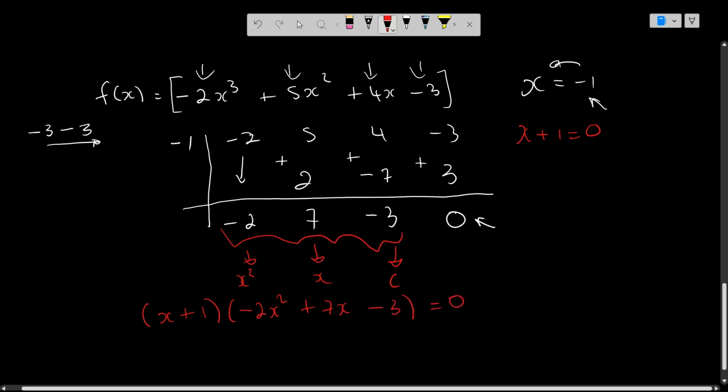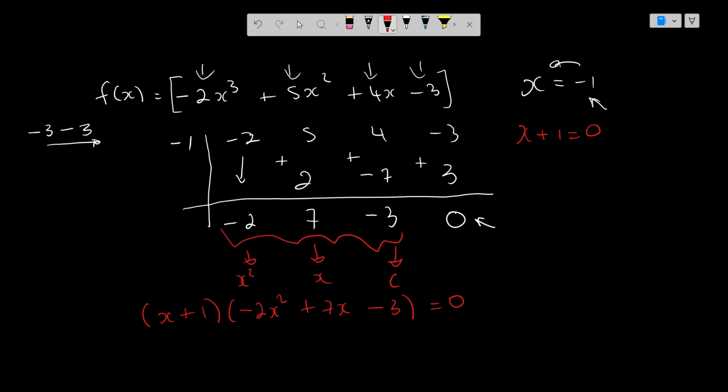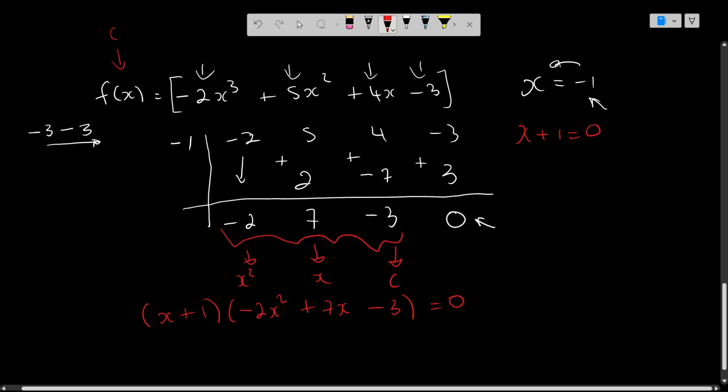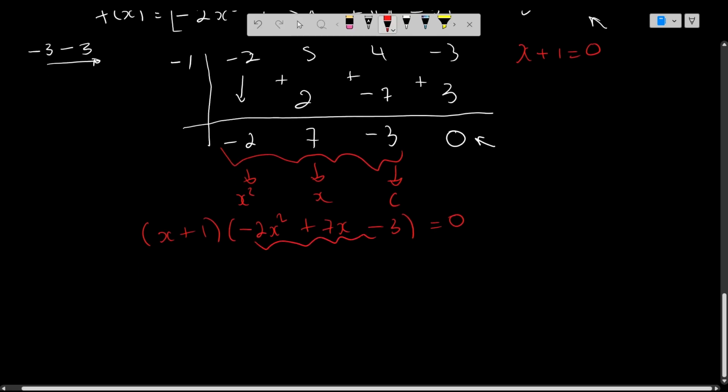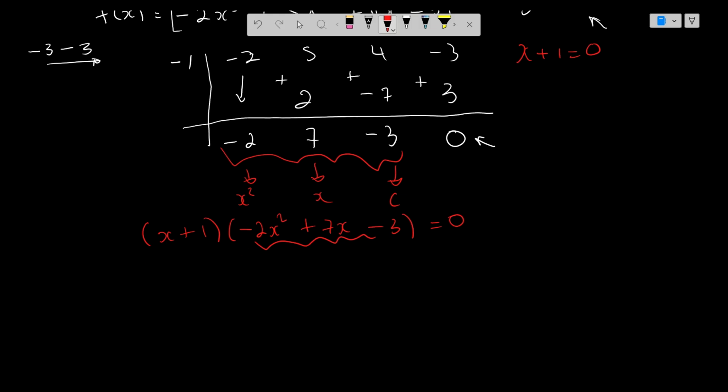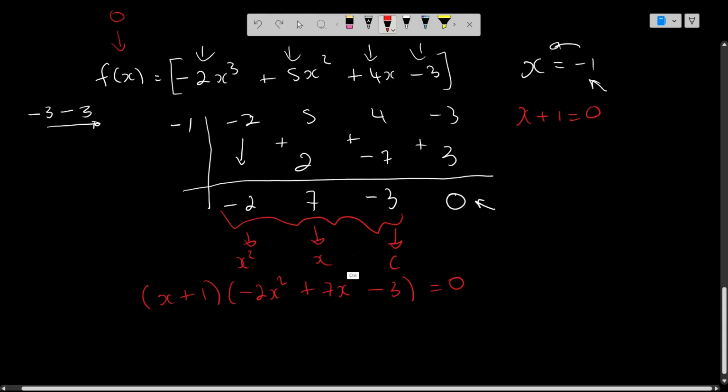Remember in this case you have to find the x-intercept. To find the x-intercept, you let y equal to 0, and hence here you have 0. This one you can factorize easily, using the quadratic equation method.